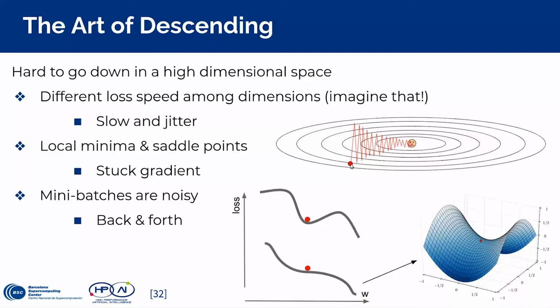One problem we have is that we have several dimensions. Moving along several dimensions at different speeds is very problematic because it complicates going down. It's easy to imagine: you're in the street and you have to go 5 meters in front of you. The easiest way is to just walk straight there.